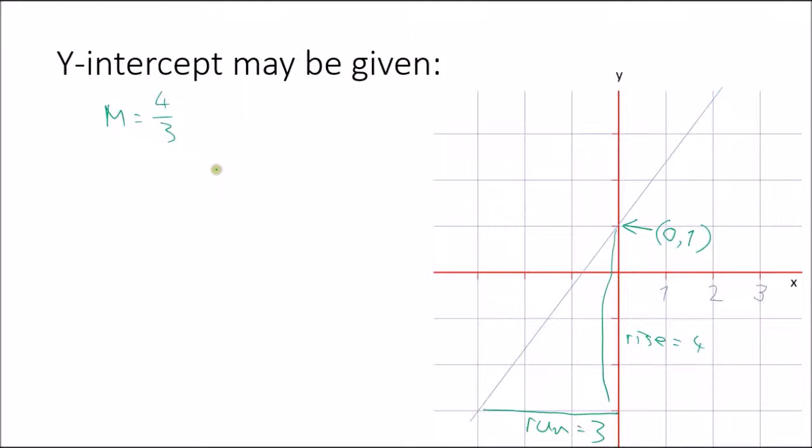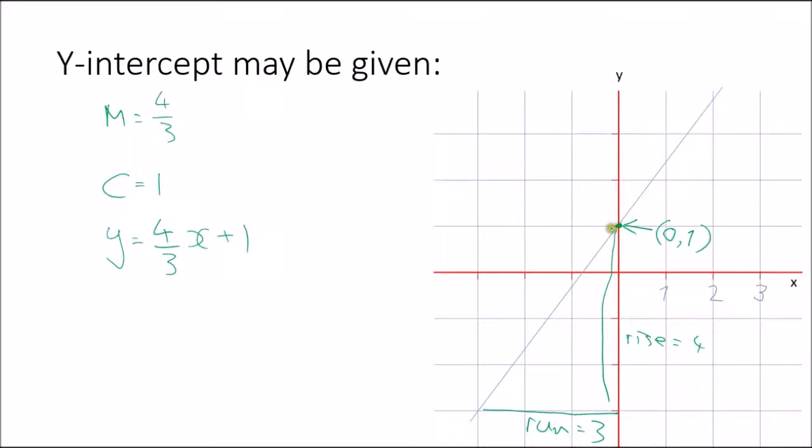Now we could then go and substitute in values to find our y-intercept, but we don't need to do it because it's right there in front of us. So in this case c equals 1, so my equation is therefore y equals 4/3 x plus 1.